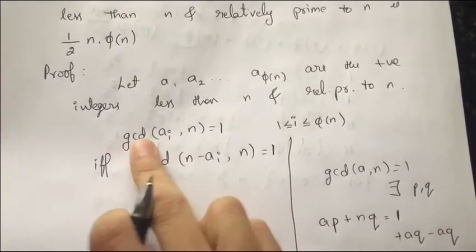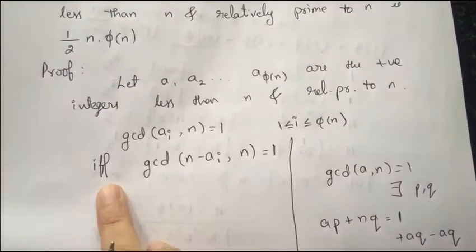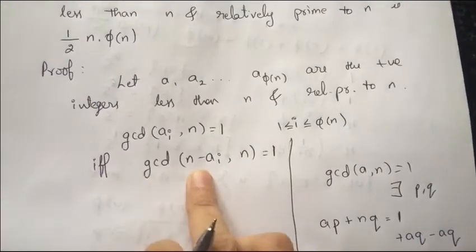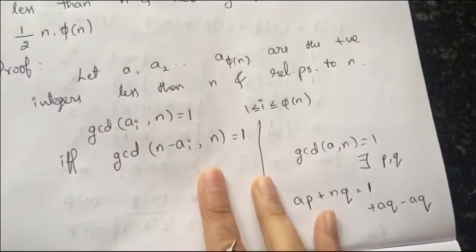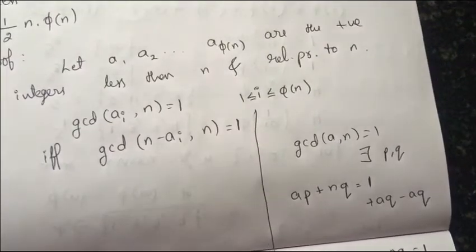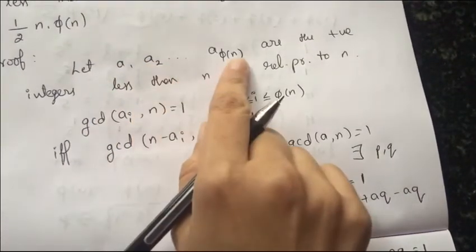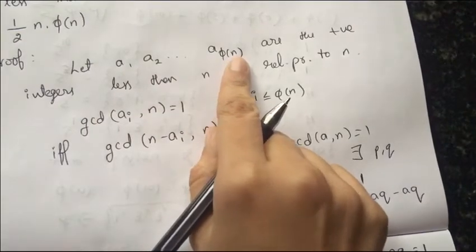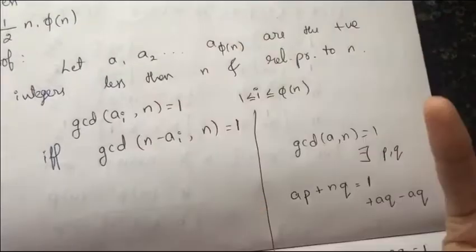Same thing I am doing over here. So GCD of ai comma n equal to 1 is the same as writing GCD of n minus ai comma n equal to 1. So when that is the case, n minus a1, n minus a2, like that up to n minus a phi of n are nothing but a1, a2, a3, up to a phi of n in some other order.